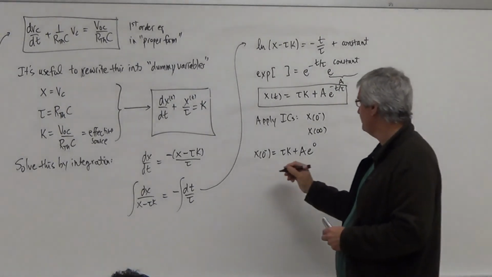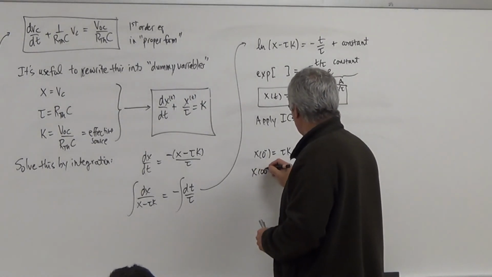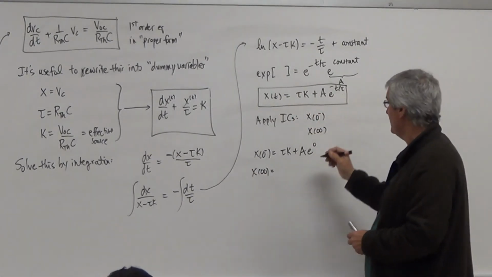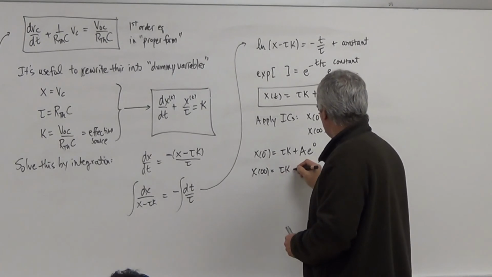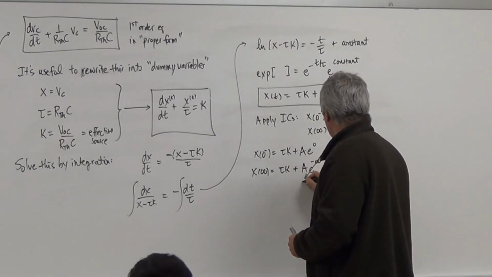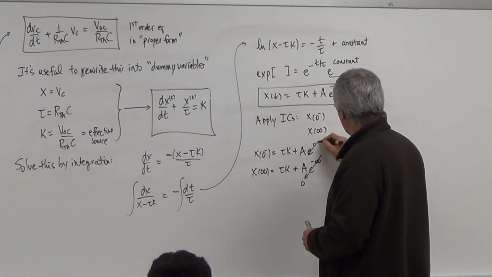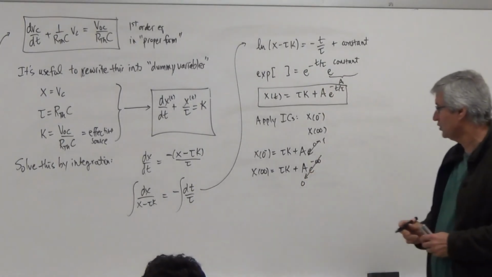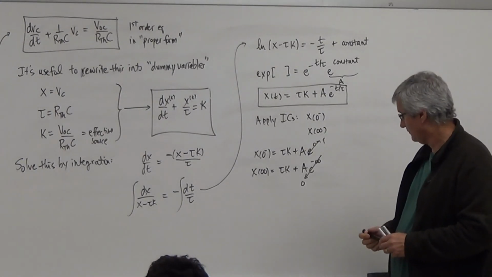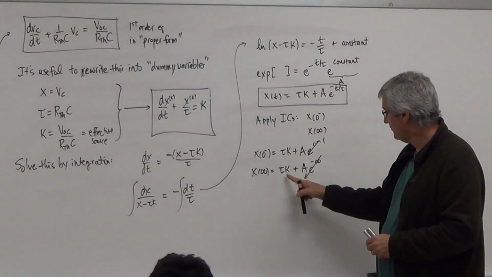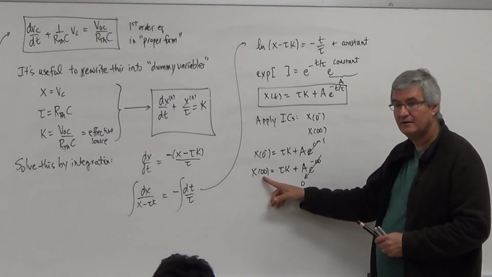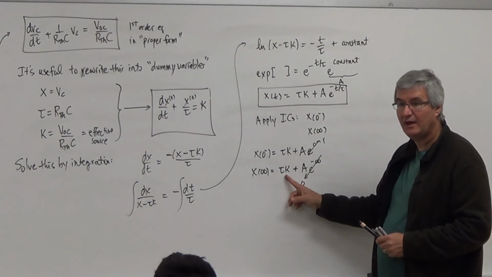The other thing I find is that x at infinity has to be what? That goes to tau k plus a e to the minus infinity, which is of course 0, so the exponential term goes away. So what you're seeing here is that x at infinity has to be tau k.